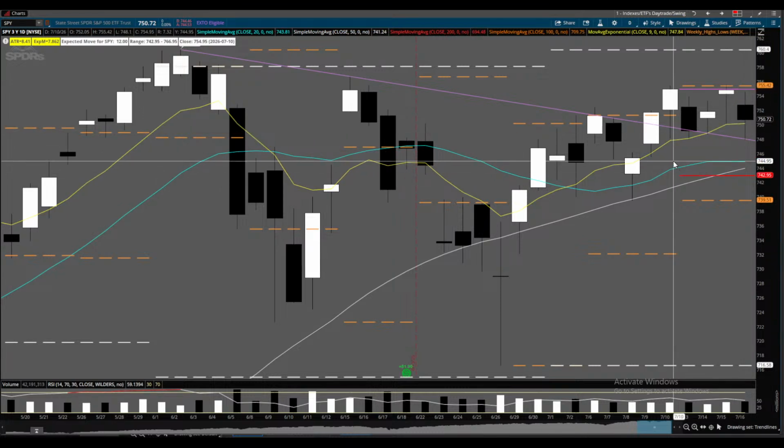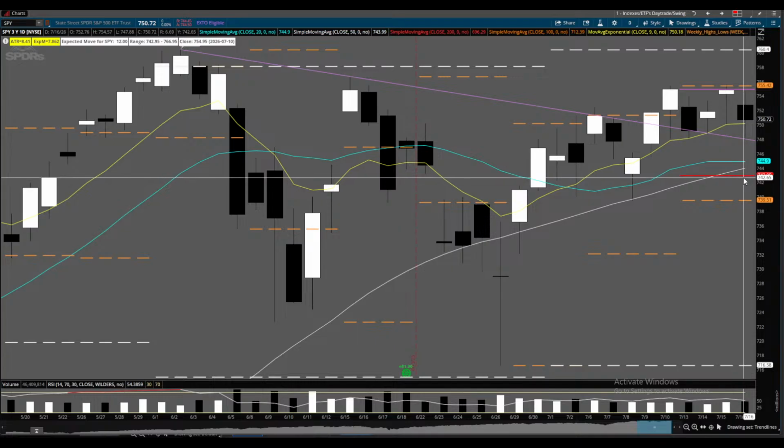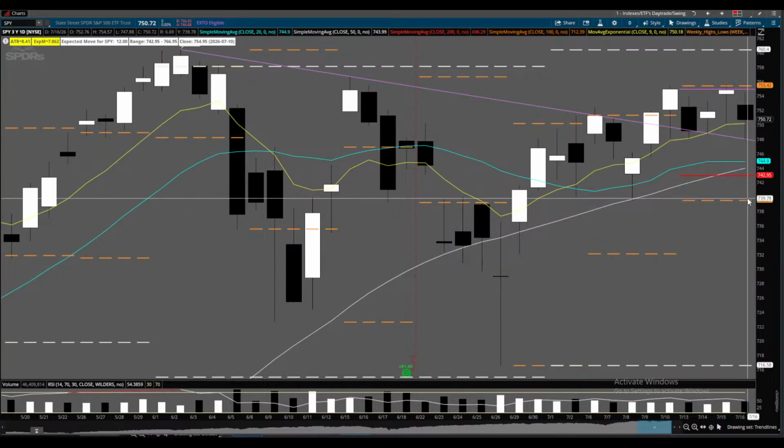However, right now we're at 744. We're right at the 20-day and the 50-day. 742, let's call it 743, is the weekly expected move to the downside. Now, just to put in perspective, 739 is last week's lows.